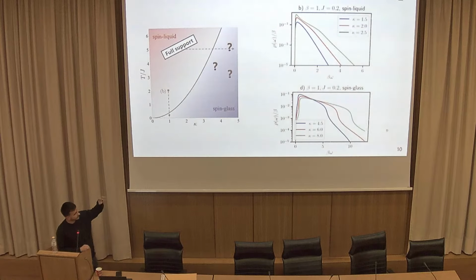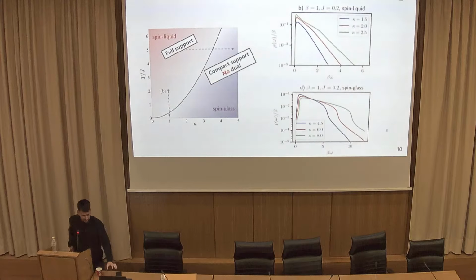We see this weird kink appearing and a sudden drop, which we think is some tendency of compact support. I mean, it's numerics. We think it's definitely not exponential decay, but rather compact support, which means that this area of the phase diagram could not have a dual, could not be a possible candidate for these multi-horizon models.